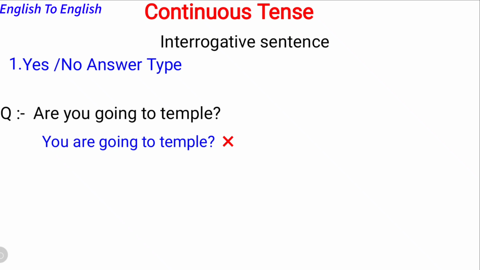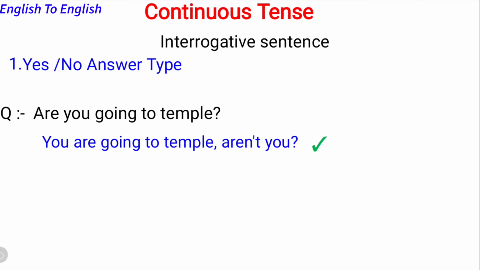So this one is incorrect and this one is correct. So we just have to ask, are you going to temple, not you are going to temple. If you are using you are going to temple, you can use it in terms of question tag. This is another topic, maybe I will make the video later, but yeah, it can be used as well to ask the questions like you are going to temple, aren't you? This one is also correct.